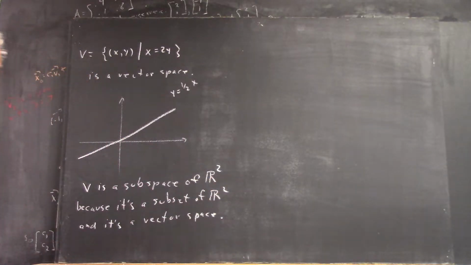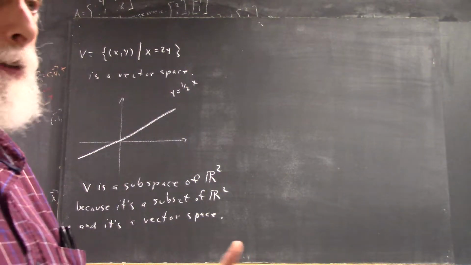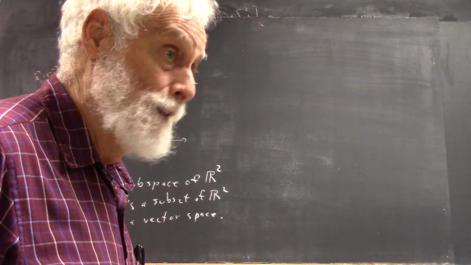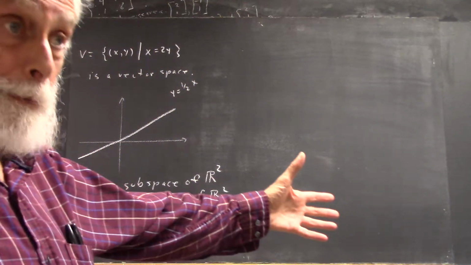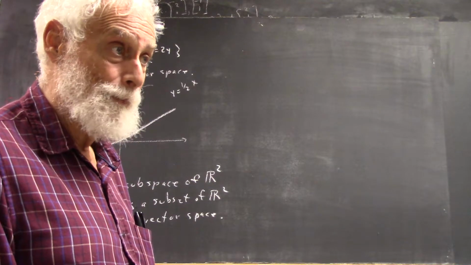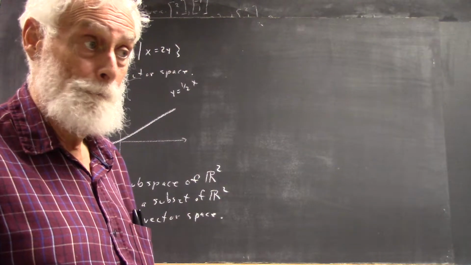That's what makes something a subspace of another space. It's a subset of that space. It's all contained in that space, okay? And that space is a vector space itself, and so is the subspace, okay? Is a vector space in its own right.